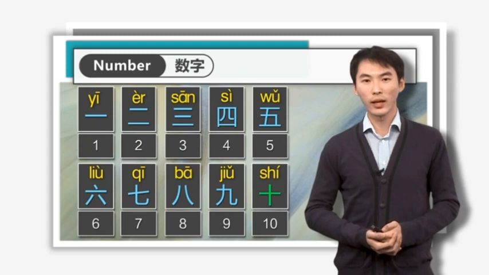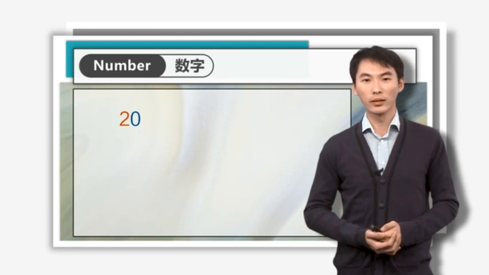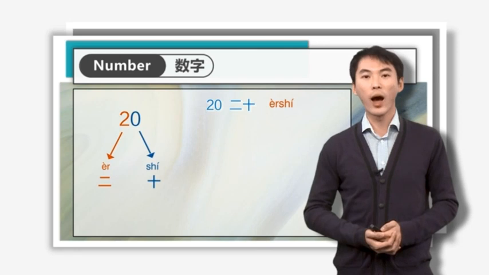You just say the number plus 10. For example, 20, it's 2 plus 10. And 30, 3 plus 10.